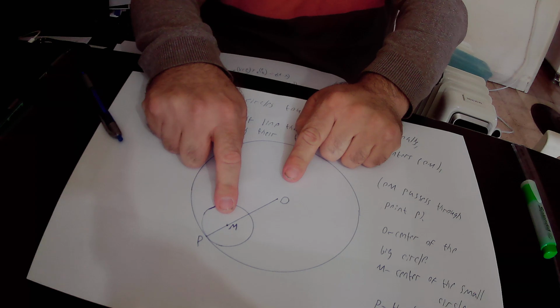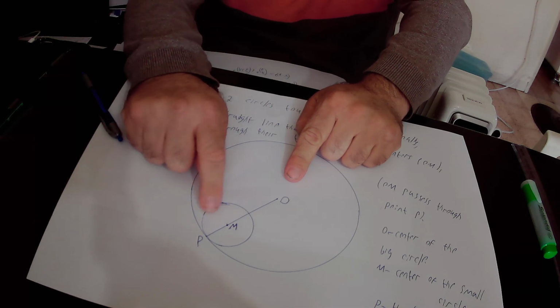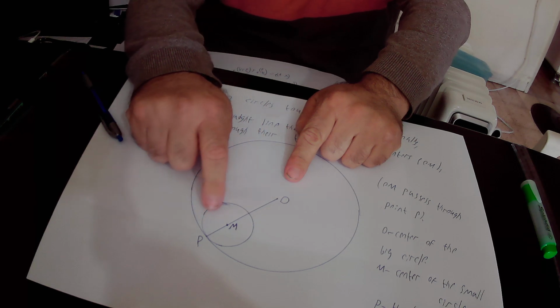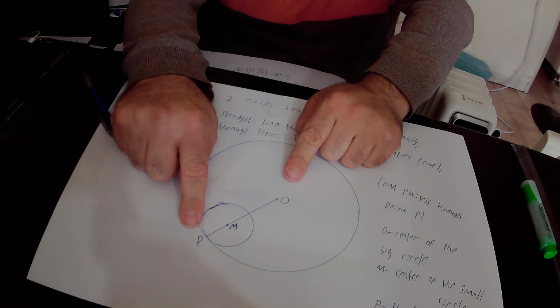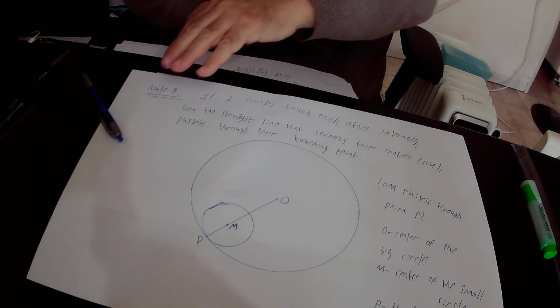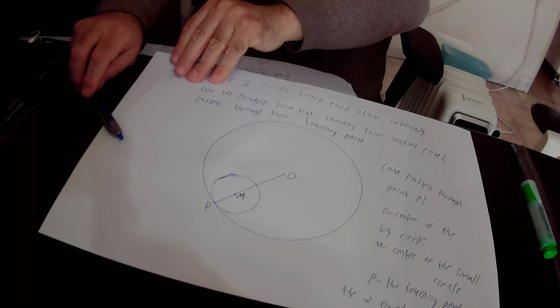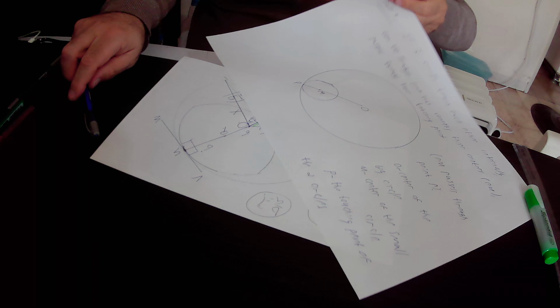This straight line OM must pass through point P. That is to say, OMP is one straight line, or points O, M, and P are all located on the same straight line. Okay? So we can implement rule number 9 in our drawing.